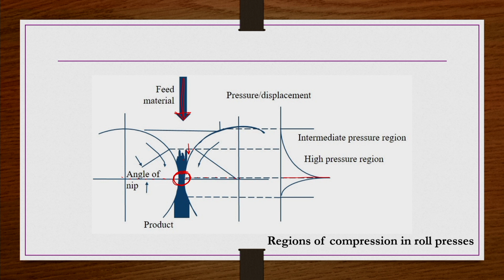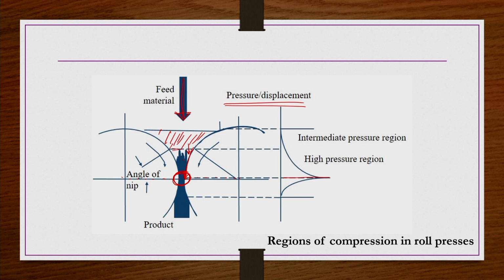From here towards the center, the material gradually experiences increasing pressure. The pressure outside is normal pressure, whatever the feeding pressure is. The moment the material comes here, it is in the intermediate pressure region, right? So this is our intermediate pressure region.